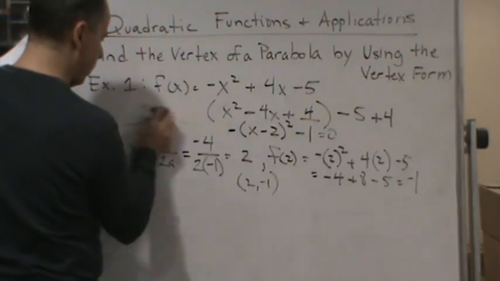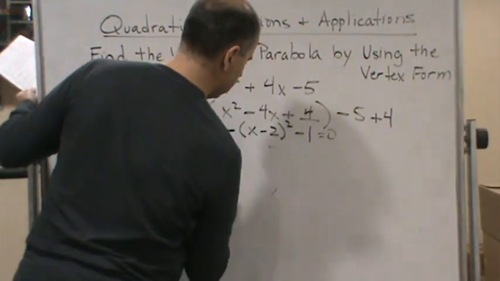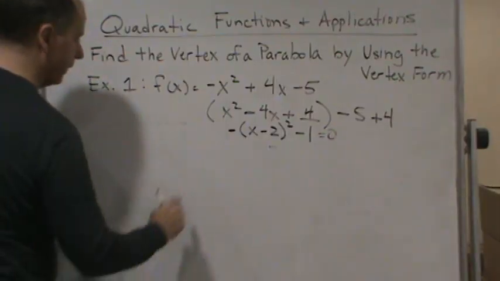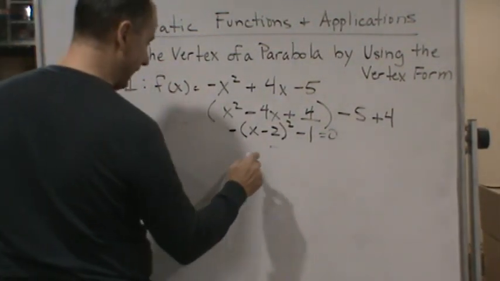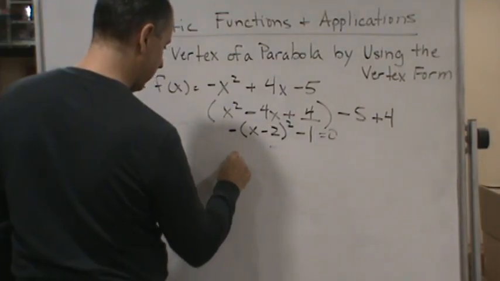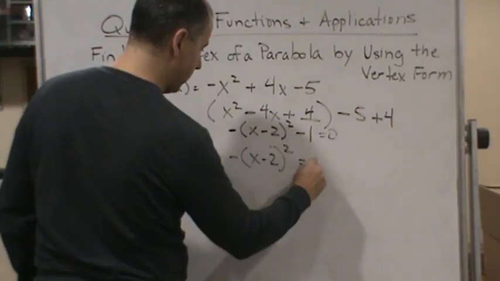Okay, so now let's set this equal to 0. So we get negative quantity x minus 2 squared plus, -1 equals 0, which gives negative quantity x minus 2 squared equals 1.